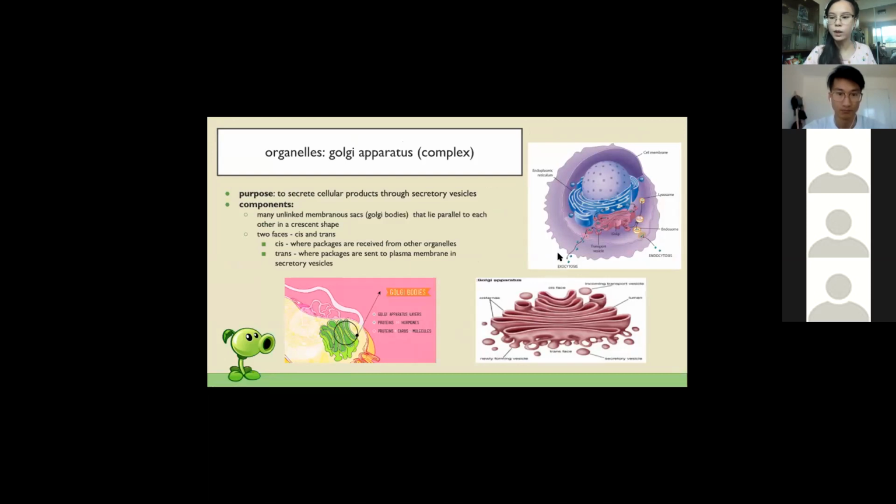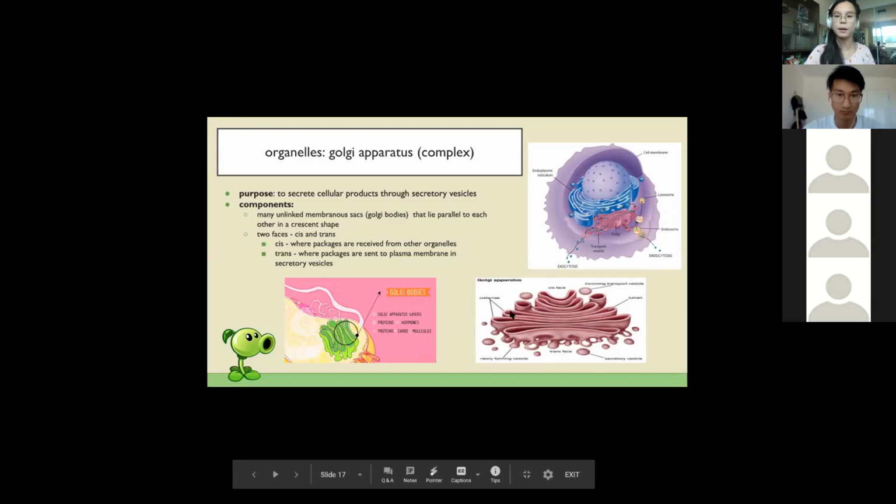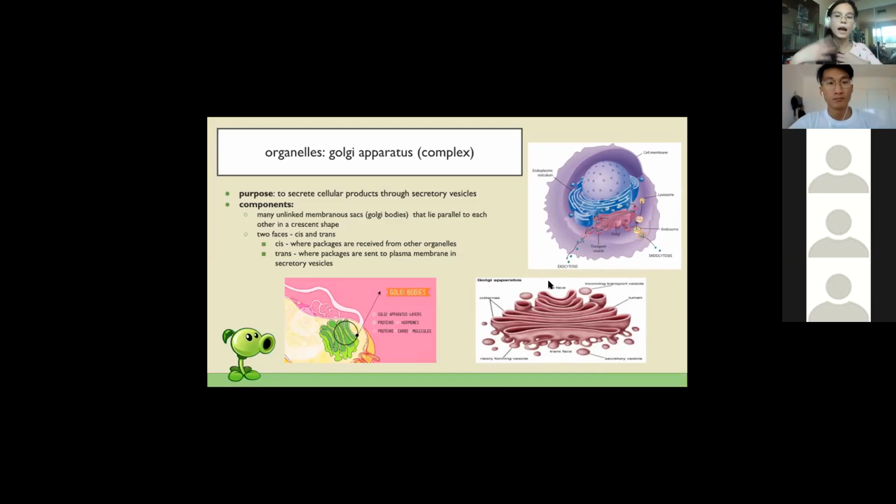There's a cis phase which receives vesicles from the rough ER, and a trans phase which sends vesicles to the cell membrane. The Golgi apparatus basically transforms and processes compounds that it receives, and then sends them out to the plasma membrane to be sent outside of the cell.